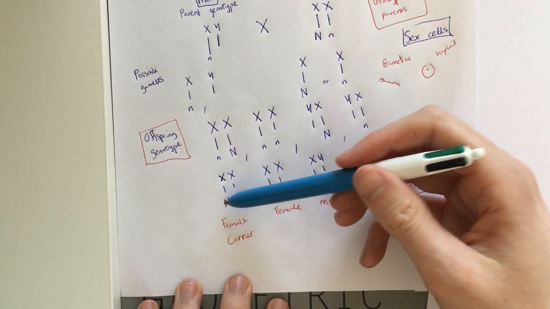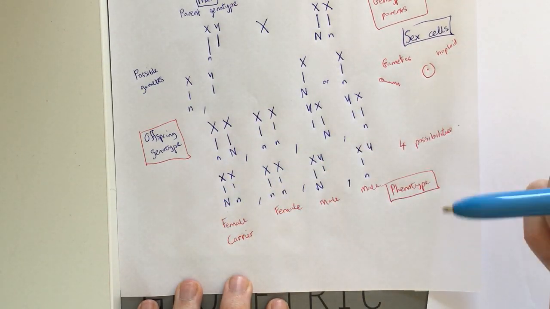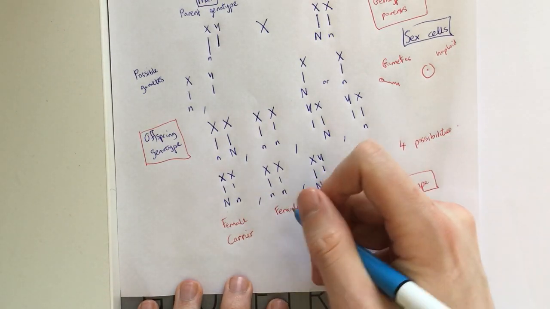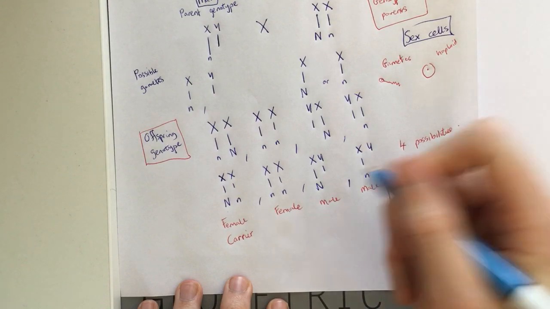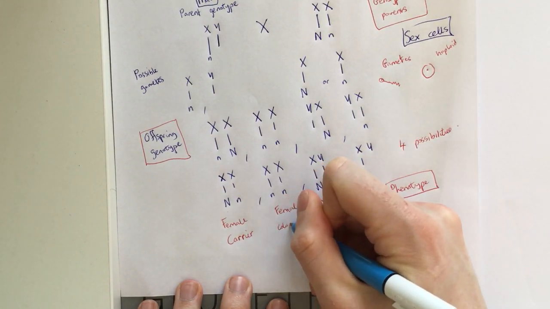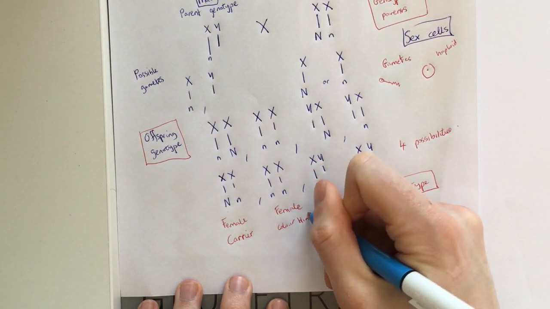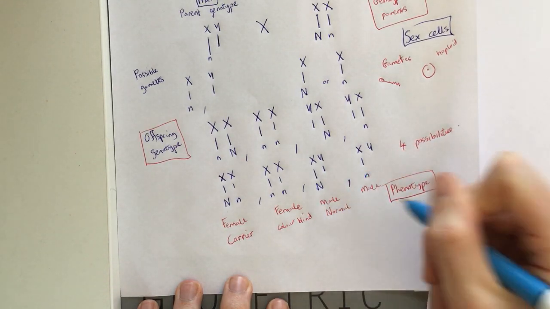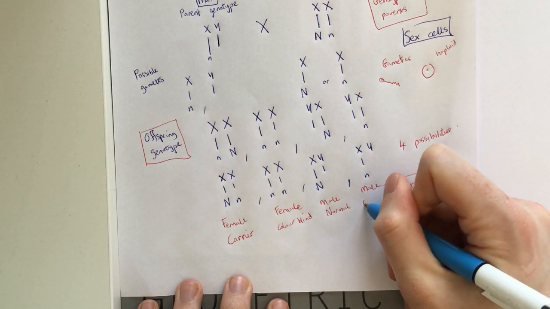So normal vision is dominant to small n, so therefore she's a carrier. She carries this gene, but she does not suffer. Okay, female, if you look here, female colorblind, because we have 2 recessive alleles. Male normal and male colorblind.